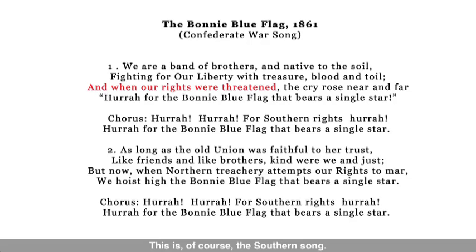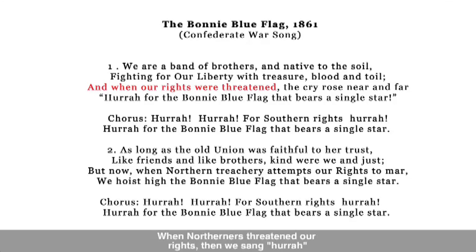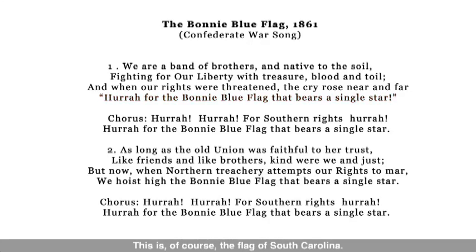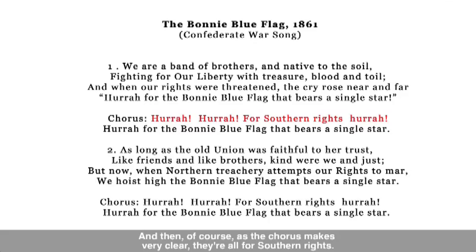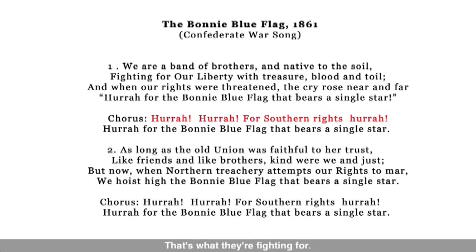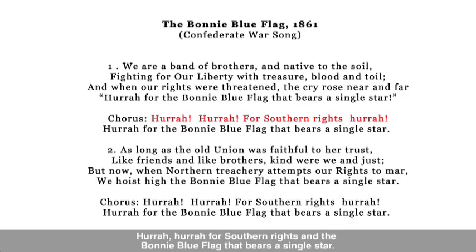This is, of course, the Southern song. When Northerners threatened our rights, then we sang, hurrah for the bonny blue flag that bears a single star. This is, of course, the flag of South Carolina. And then, as the chorus makes very clear, they're all for Southern rights. That's what they're fighting for.